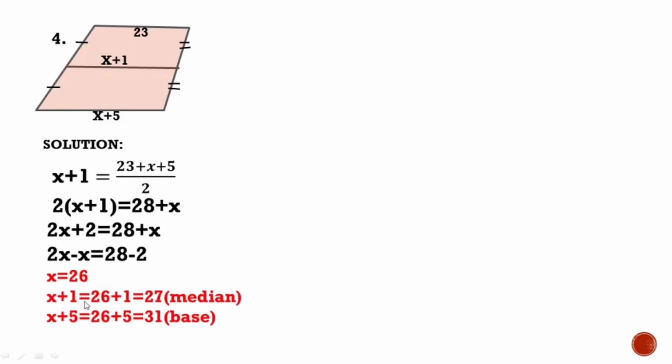So x plus 1 is equal to 26 plus 1, which is 27. While for the length of the other base represented by x plus 5, we have 26 plus 5 equals 31.